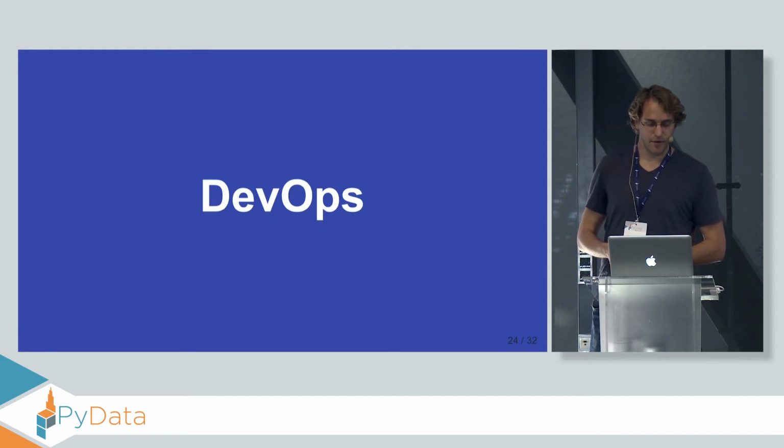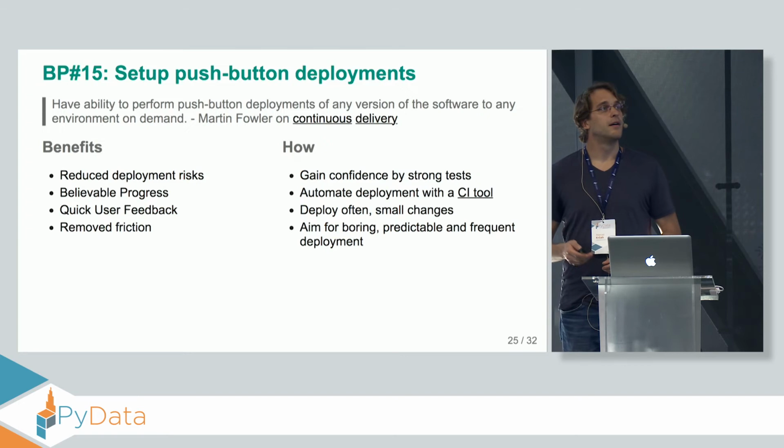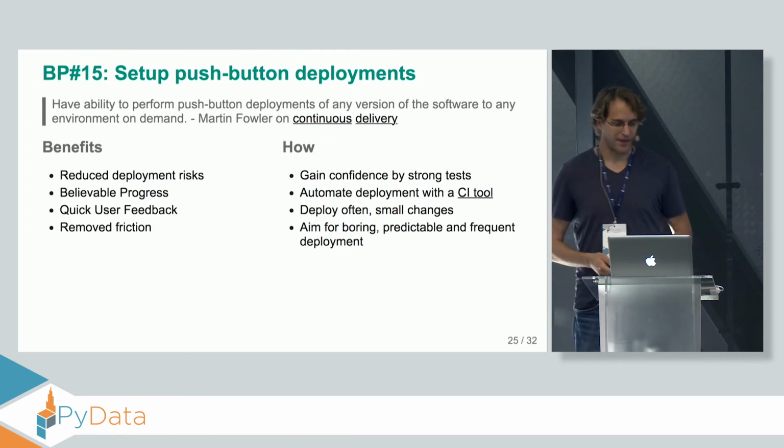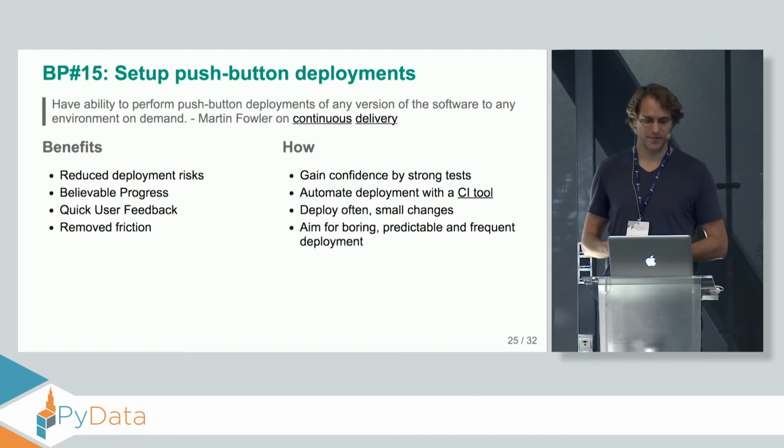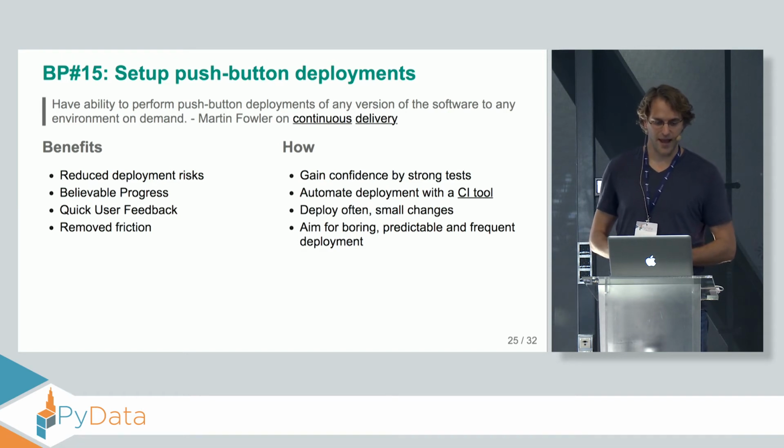And the last part is DevOps. Set up push-button deployments. Martin Fowler, who is another idol of mine, says that you should have the ability to perform push-button deployments of any version of the software to any environment on demand.